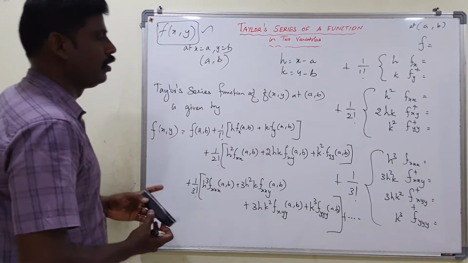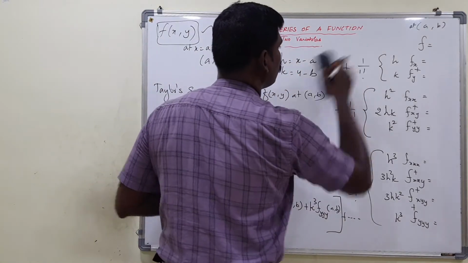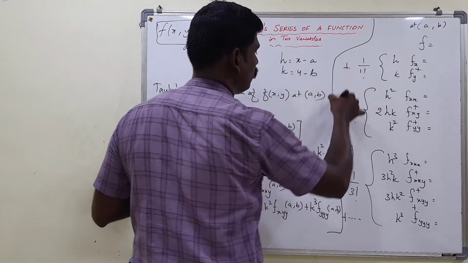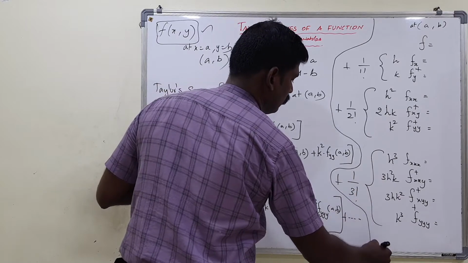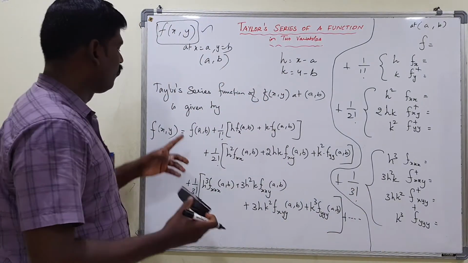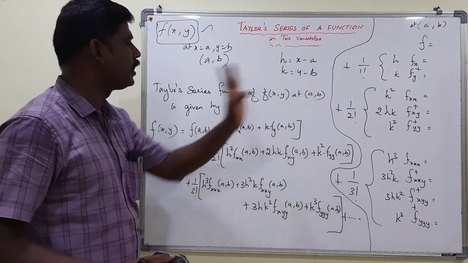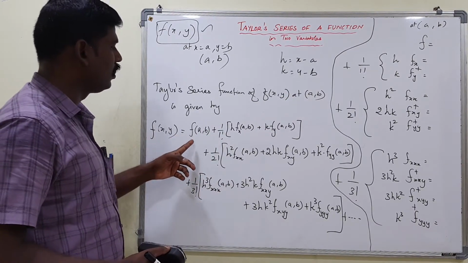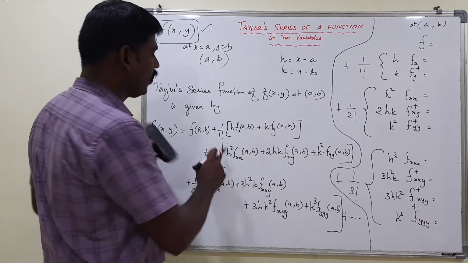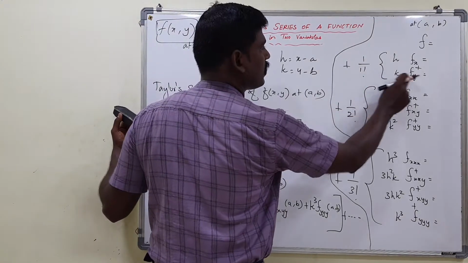Okay, that's all, right? Right, that's all. So this is the Taylor series expansion of f of x comma y about a comma b. That is, f of x comma y is equal to f of a comma b plus 1 by 1 factorial into h into fx plus k into fy.